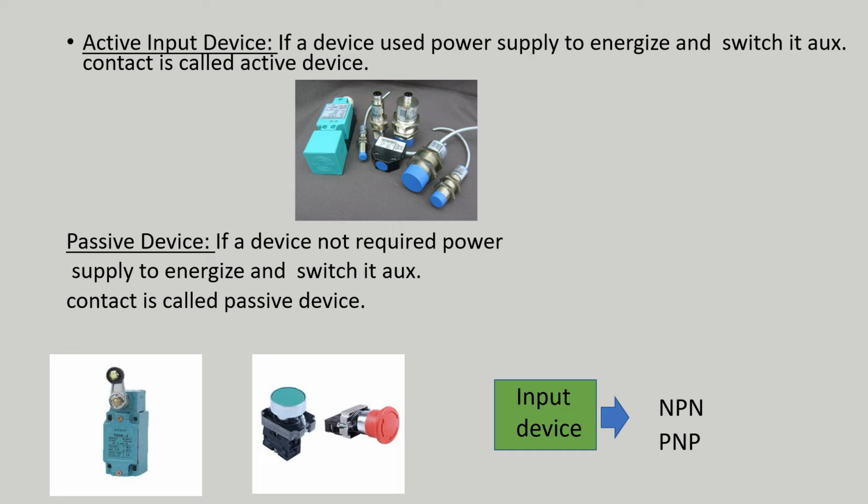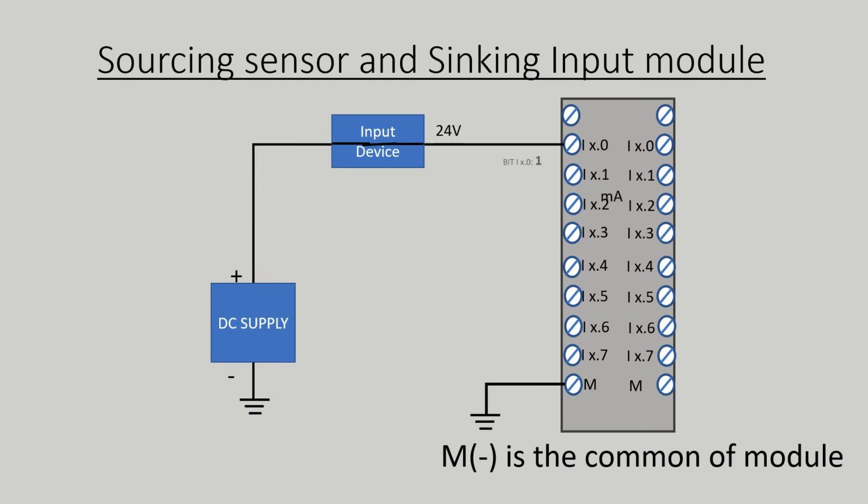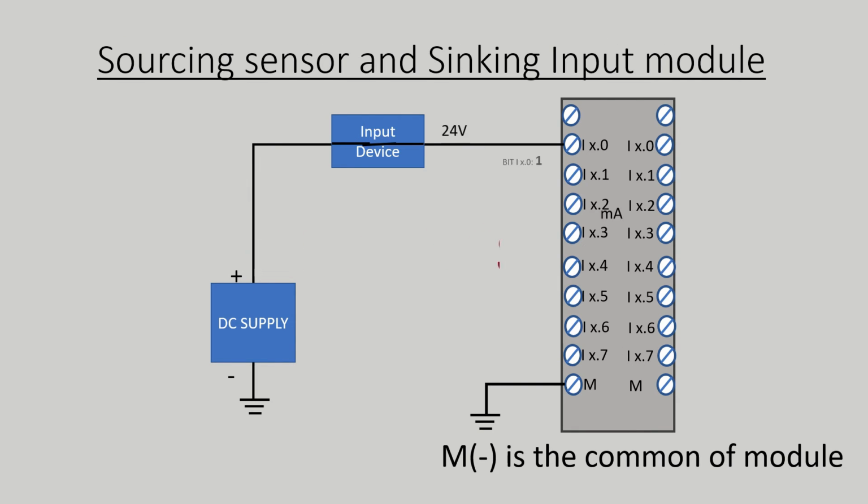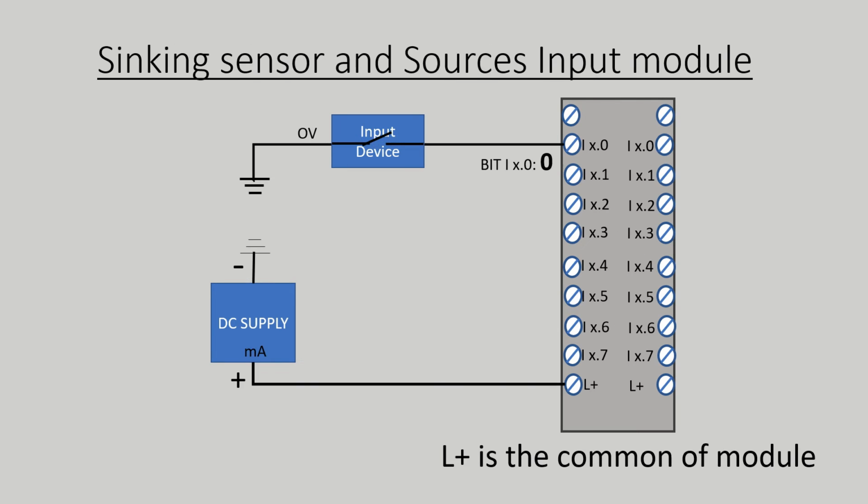If the input device gives a 24 volt output, that input device is called a PNP active input device. Let's go back to this example. When this input device is switched on, current flows from this input device to the module.